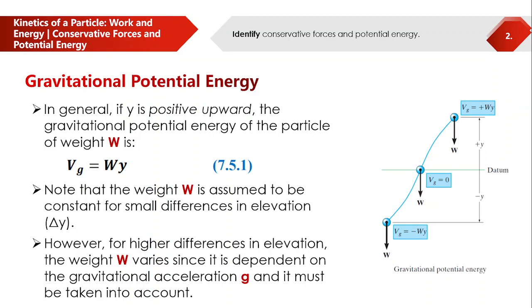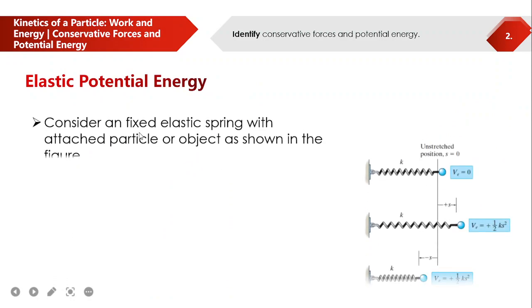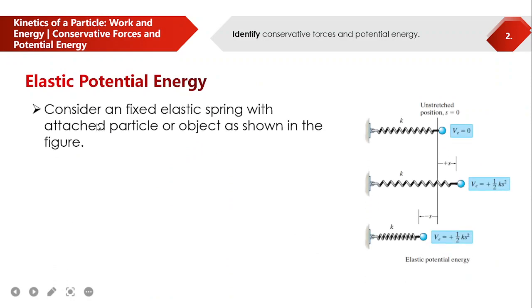I hope you understand. So, yung rotational potential energy, parang din siyang work ng weight. Okay? So, elastic potential energy. When you say elastic, it involves a spring, no? So, consider a fixed elastic spring with an attached particle or object as shown in the figure.